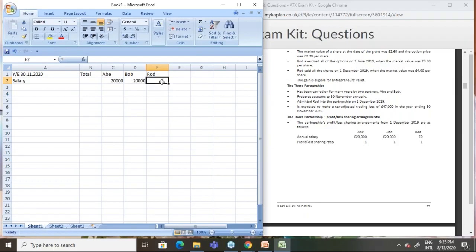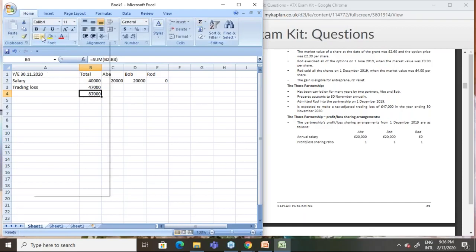So here you get 40,000. And then we have a trading loss of 47,000. On top of that 47,000, you have to pay 40,000 as salaries.